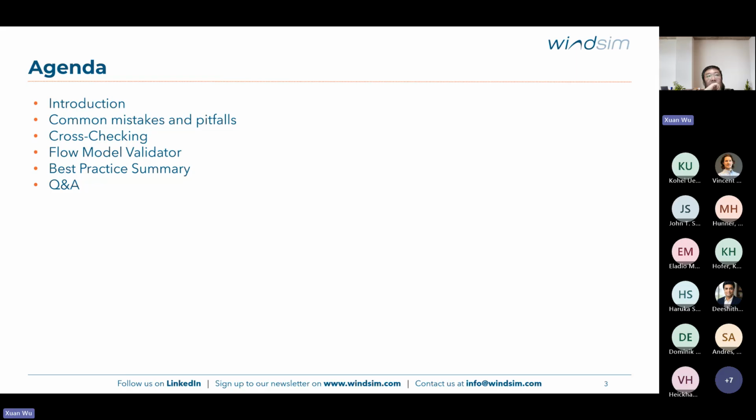Today's agenda will include almost the same introduction, common mistakes and pitfalls, and two tools in WinSim we will look into today. One is cross-checking. The second one is flow model validator. I think cross-checking is quite easy to find in WinSim, but flow model validator is a little bit harder for some of our customers to find and to use.